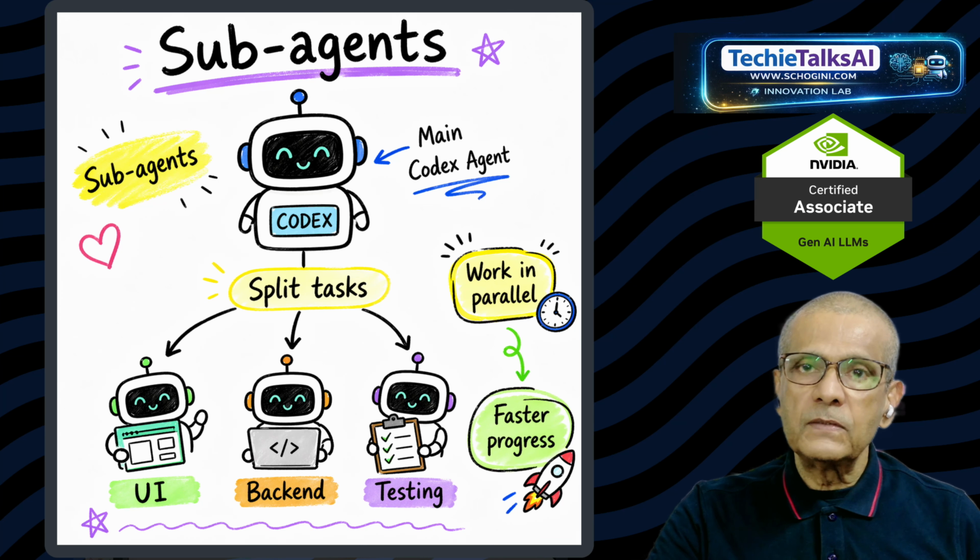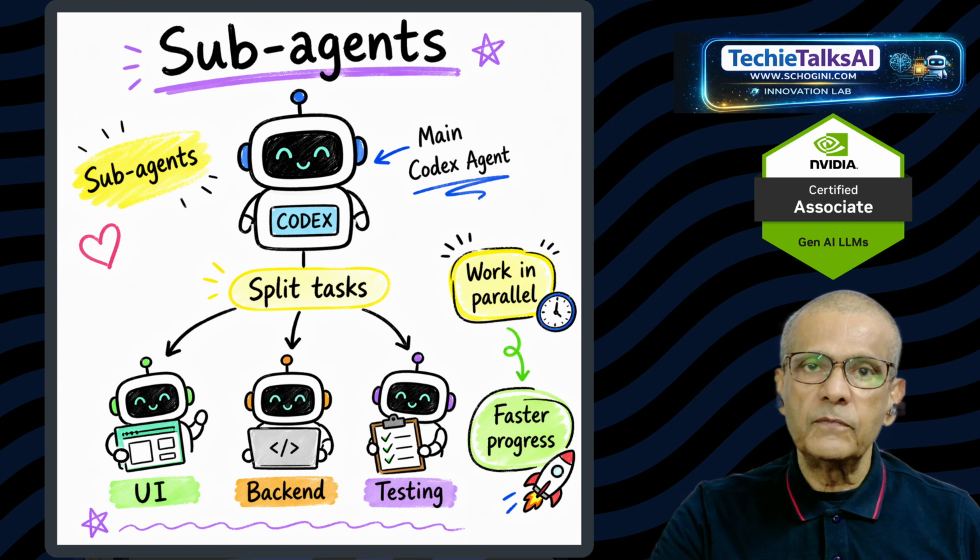Now let's understand sub-agents. This sounds technical, but the idea is simple. Imagine you have one main project manager. That project manager divides work among different team members. One person works on the user interface, another person works on the backend, another person tests the app, another person writes documentation. This is the idea behind sub-agents.